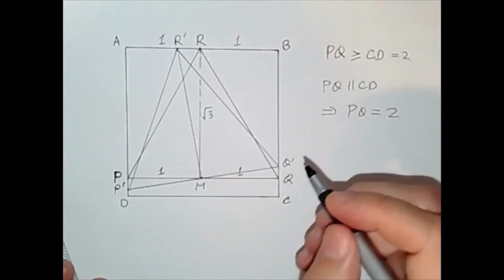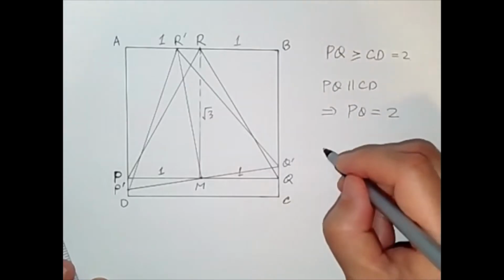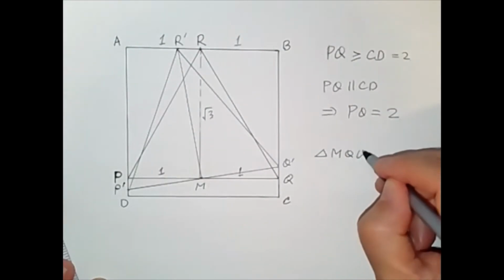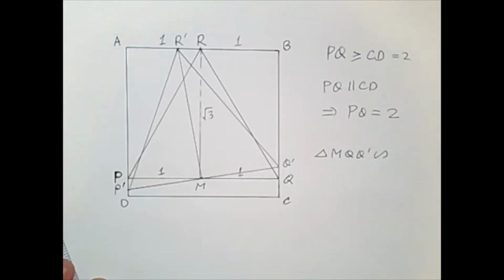I'm going to prove that triangle MQQ prime is similar to triangle MRR prime.